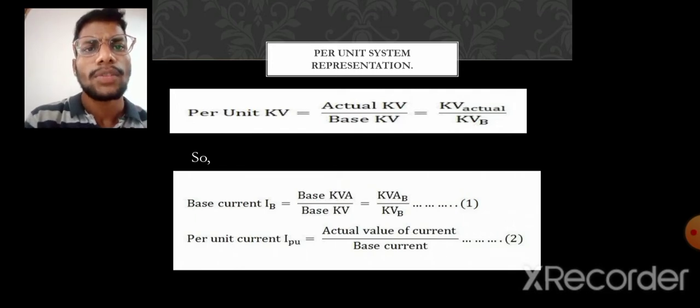And also base current I_B is equal to base kVA by base kV. Per unit current is equal to I actual, the actual value of current, by base current. This is the second equation.